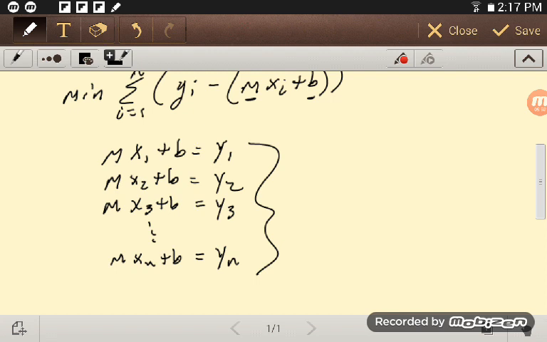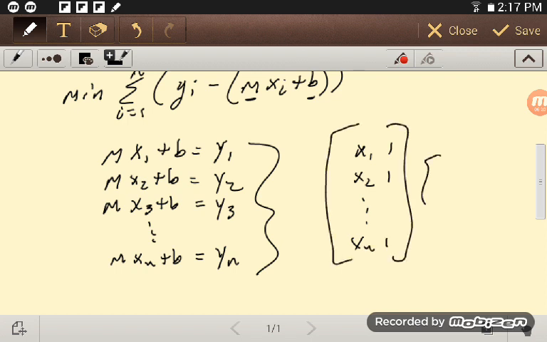No solution would exist. But this can be written as a matrix problem. We could get a matrix with x1 and a 1, x2 and a 1, and so forth, all the way down to xn and 1, multiplying an (m, b) vector, equals y1, y2, and so forth.